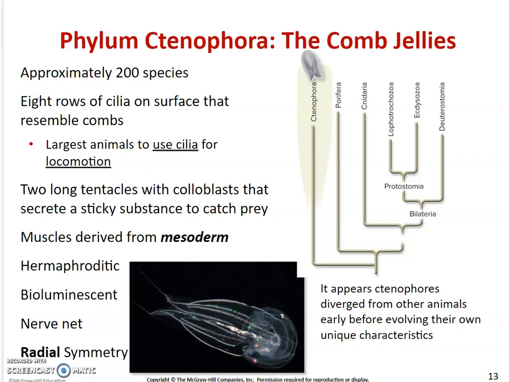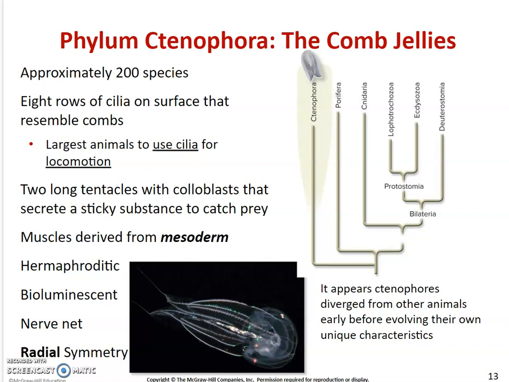This is the largest animal to use cilia to move through the water. They are hermaphroditic, so they have the male and female parts, and they can fertilize. And then they luminesce, so they're bioluminescent, and that means they can glow in the dark. They have a glow in the dark fluorescing protein. They have a nerve net instead of a neural system, it's a nerve net.